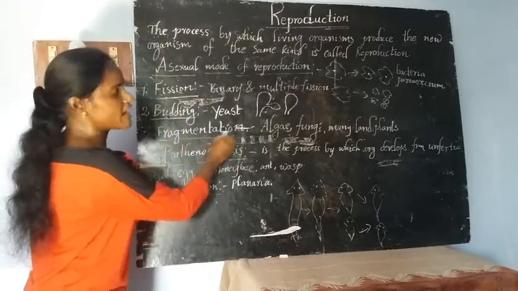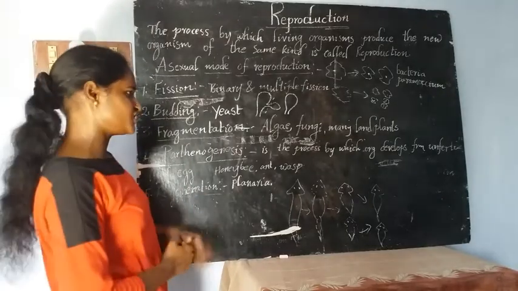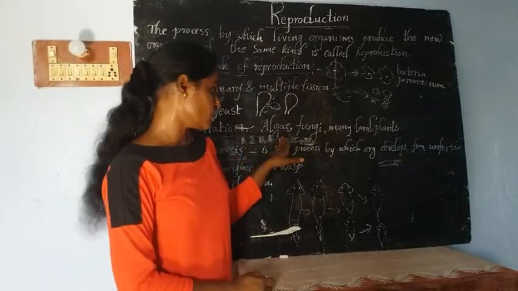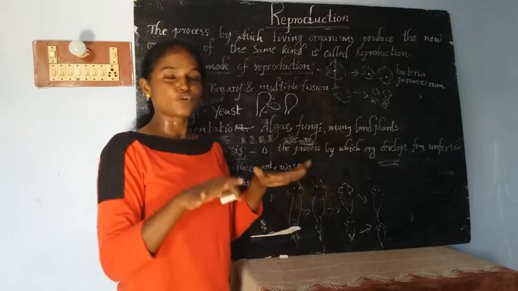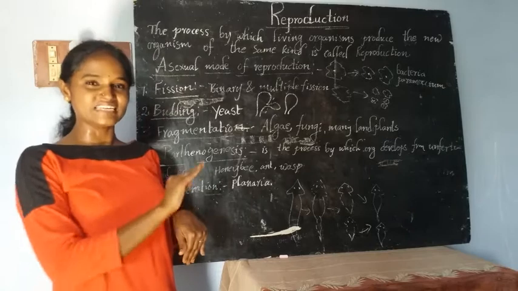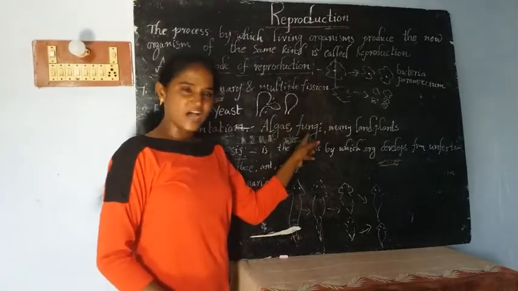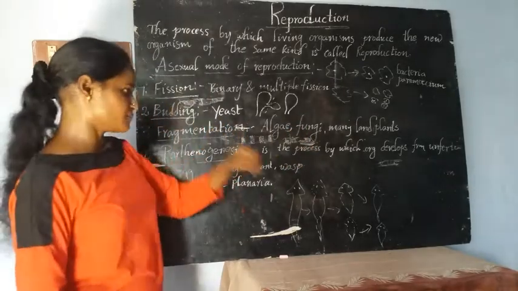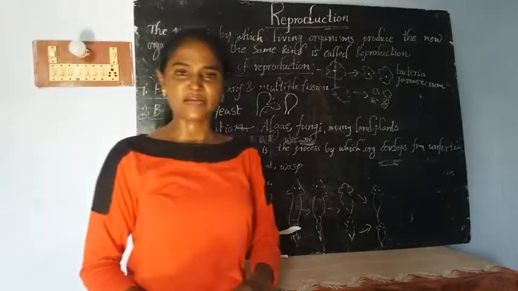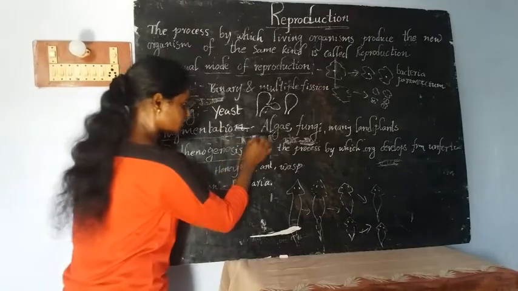Then see here, fragmentation. What is meant by fragmentation? We can find fragmentation in algae. You are well familiar with algae, which may float on the water as greenish, ladder-like structures near ponds. Fungi also reproduce by fragmentation, and many varieties of land plants also show this process.